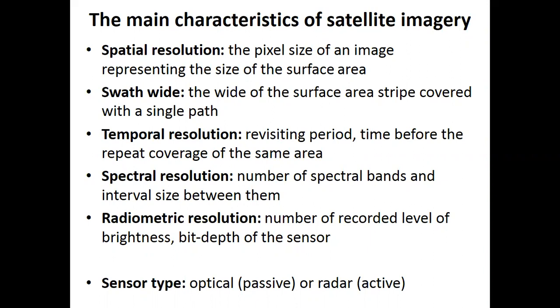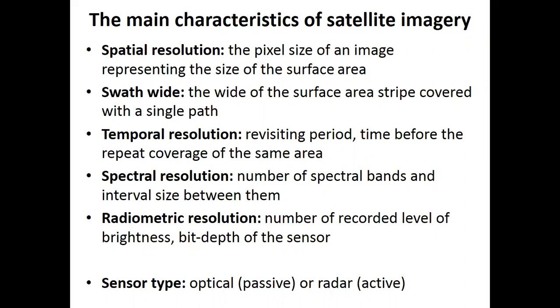Also, I will briefly mention spectral resolution, which we have already discussed in our previous workshop: the number of spectral bands. And images could also differ by radiometric resolution. Basically, it is the bit depth of a sensor, so how many bits are used to code the color for each pixel.